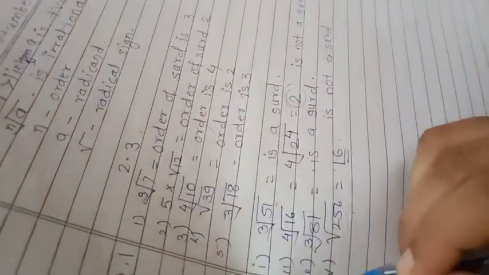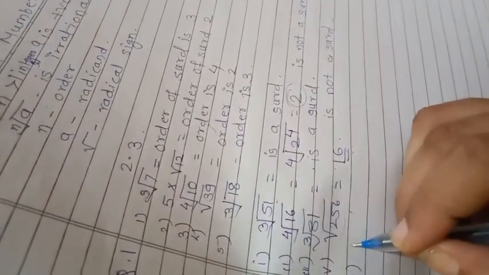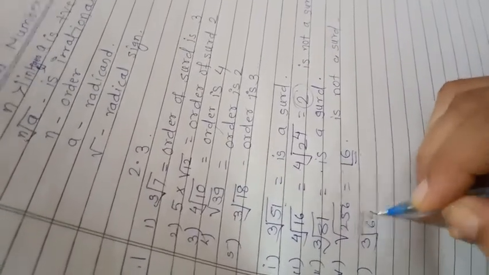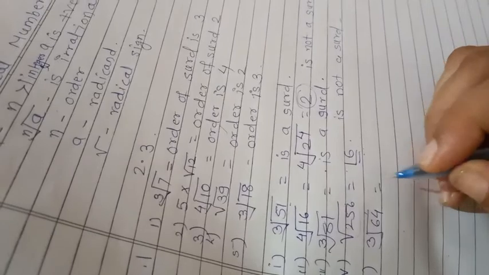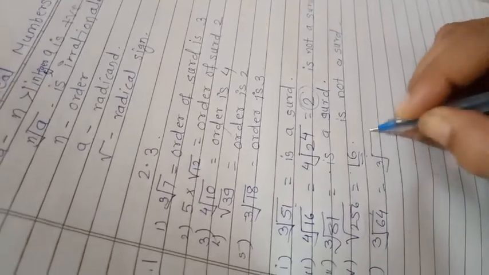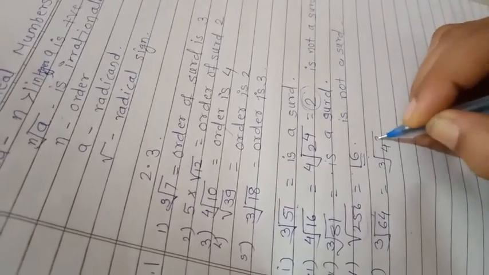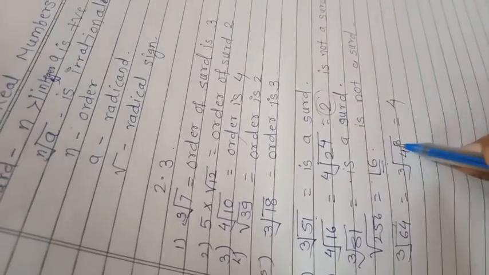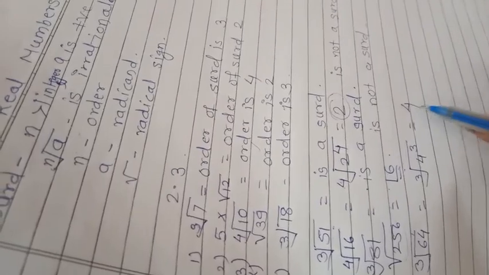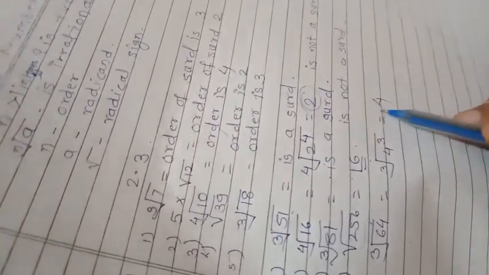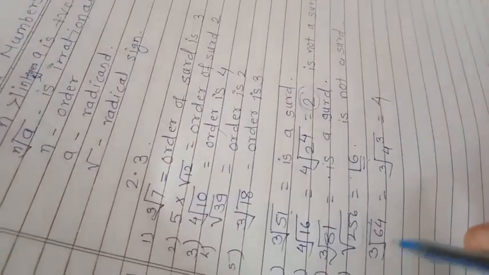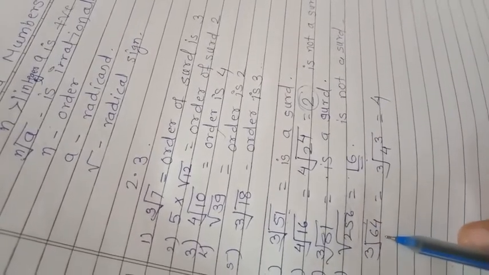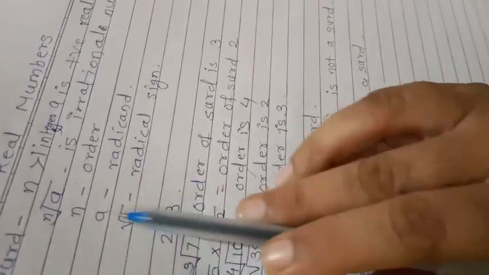In the 5th example, cube root of 64. We can write this as 4 raised to 3, and this is equal to 4. This 3 is the same, so this is 4, and therefore this is a rational number, meaning cube root of 64 is a rational number, and therefore this condition is not satisfied here.